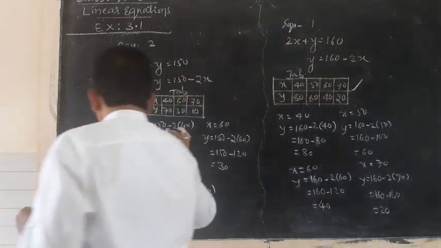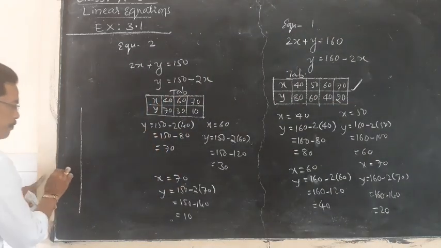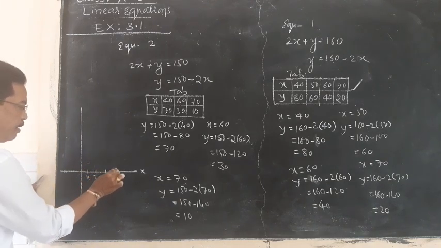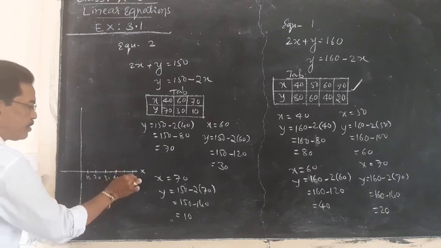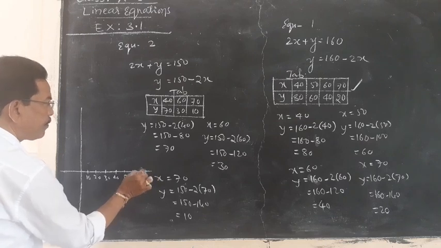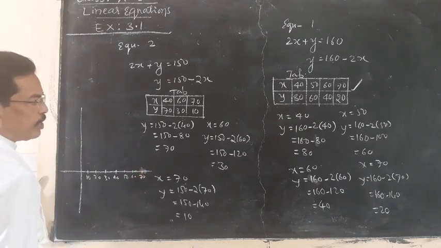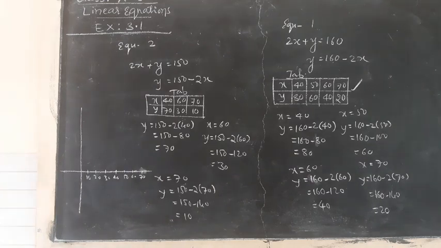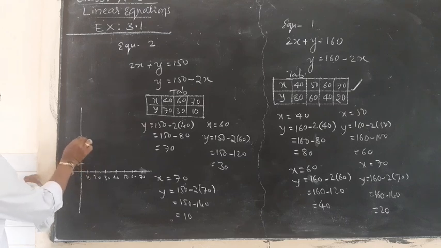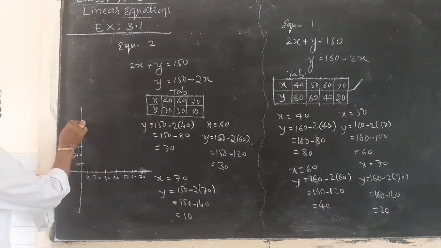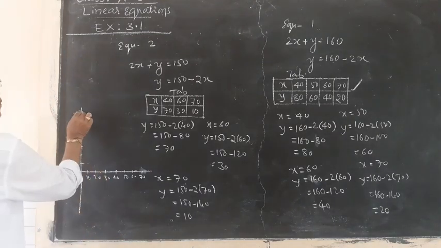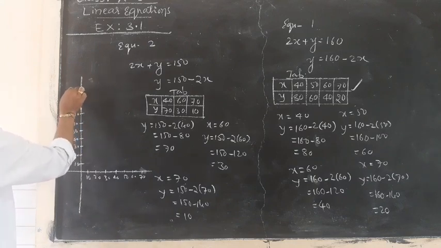On the axes, 10, 20, 30, 40, 50, 60, 70, and 10, 20, 30, 40, 50, 60, 70, 80, 90, 100.